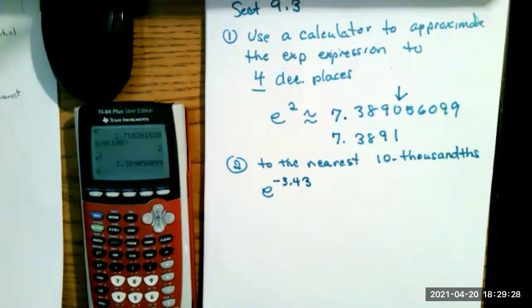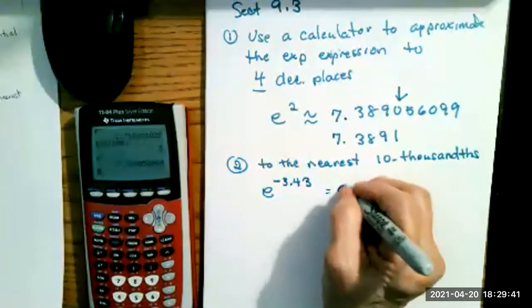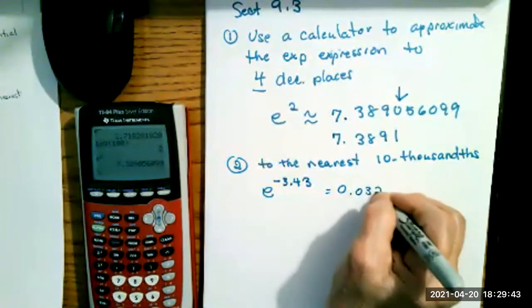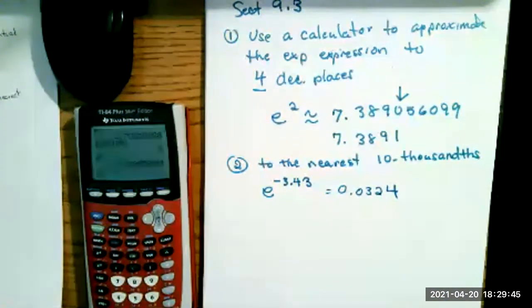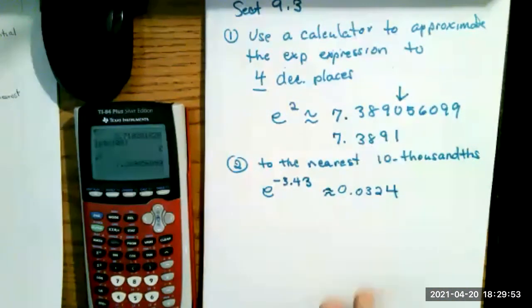Chandra, I see you're here. Do you have the answer to that? Yes. What'd you get? 0.0324. Okay, did everybody get it? If you put in the wrong decimal there on the end, it will not count it for you.